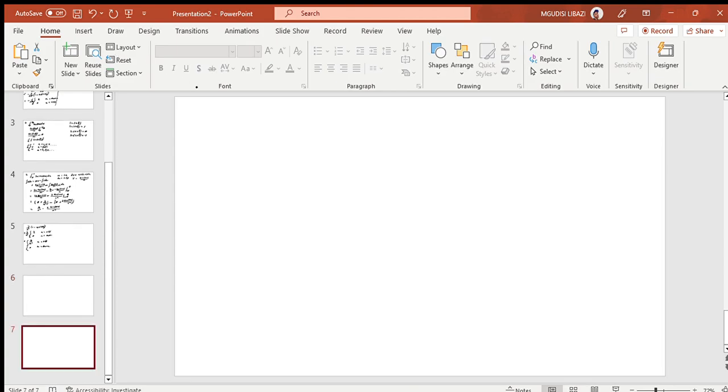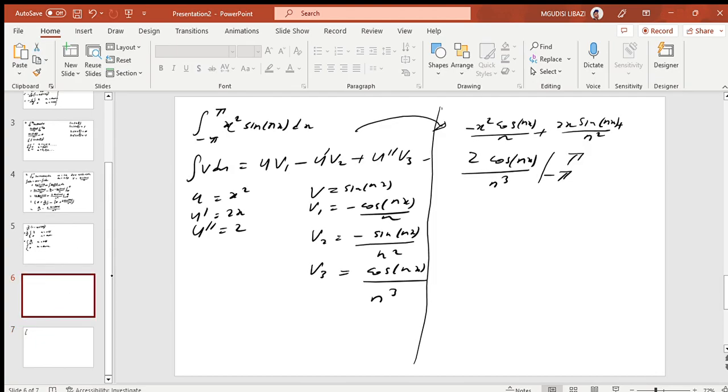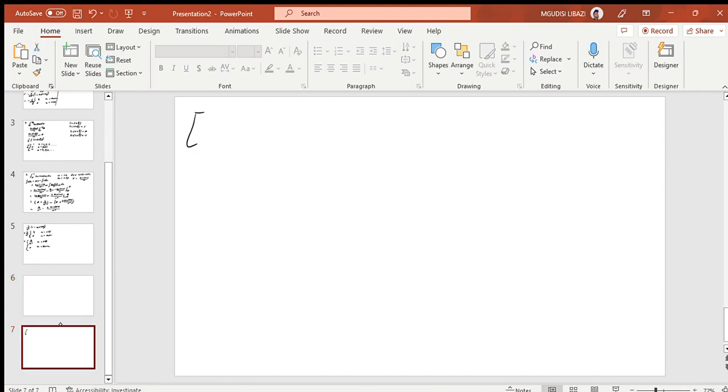Now, substituting into our equation for the first term, when we substitute pi, we get negative pi squared cosine of nx all over n.